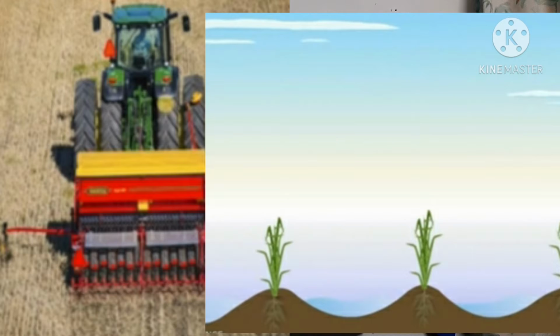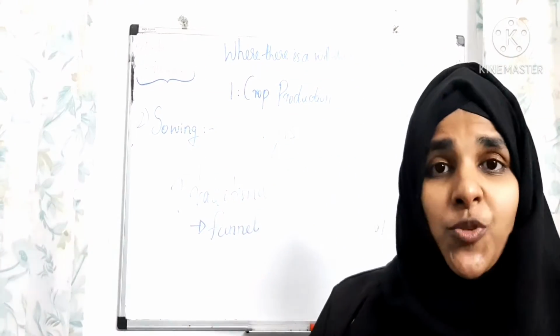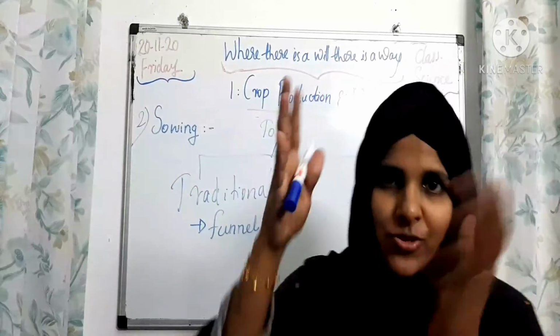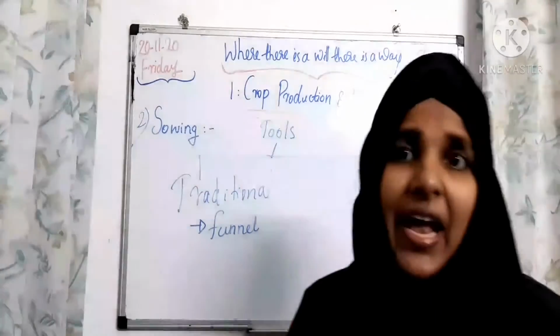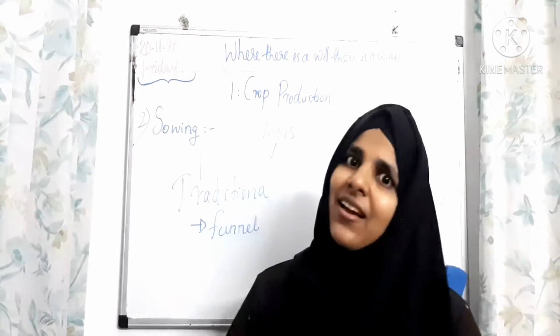It prevents overcrowding, right? It ensures that seeds get covered by soil after sowing, helps prevent damage caused by birds, and also saves time and labor. So in traditional sowing we use funnels, but in modern sowing we use a tractor, which saves our time and labor, right?